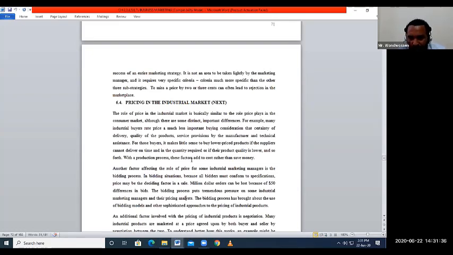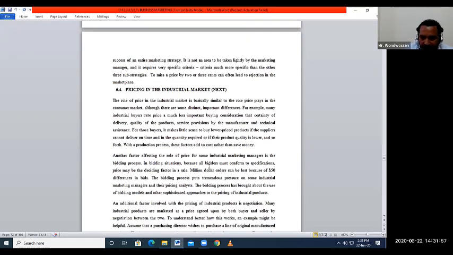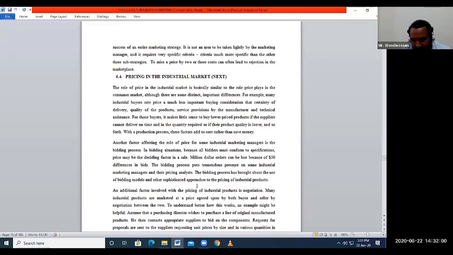So most industrial products are sold on a negotiation basis, negotiation between the buyer and the seller on the price. So negotiation is another factor. The bid process is also another factor in determining the industrial market pricing strategy.